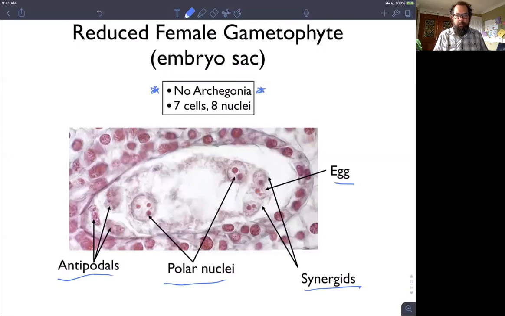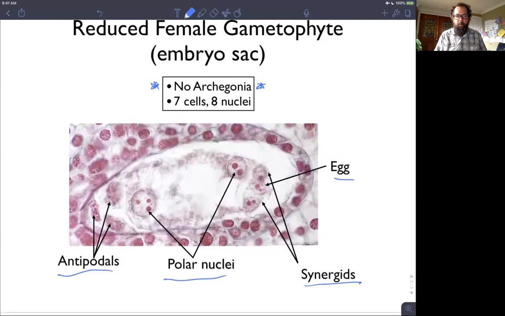The synergids, the egg, and the polar nuclei all have functions that we'll talk about, but the antipodals not so much. So when it comes to pollination, we'll talk about these different cells.